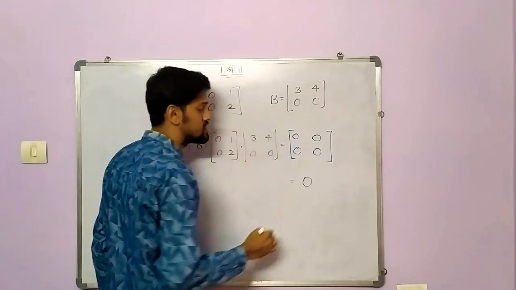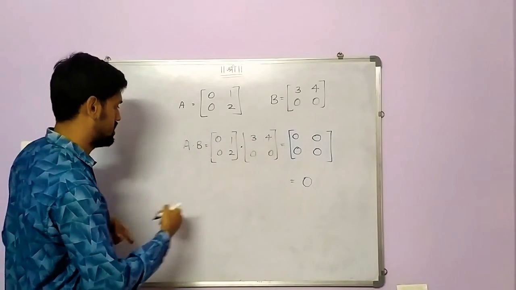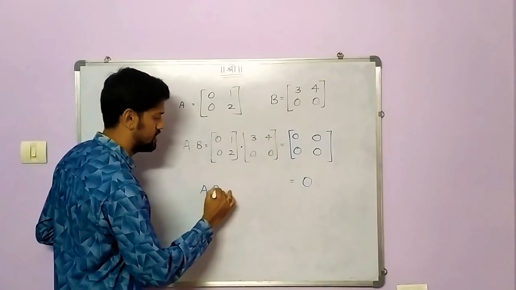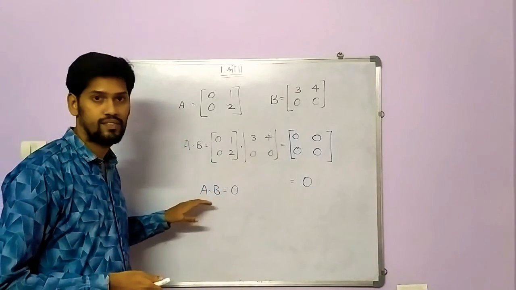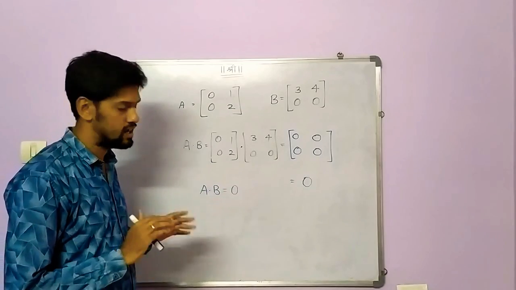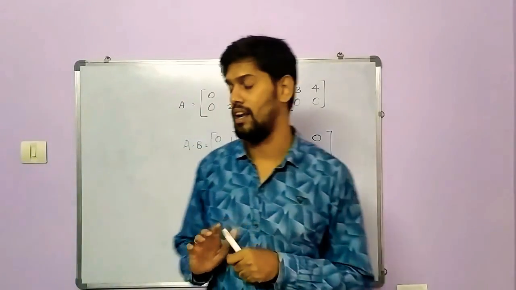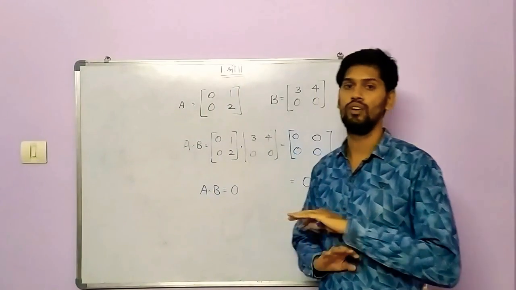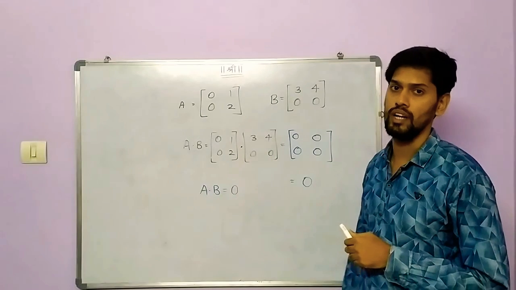This is a 0 matrix, a null matrix. Here A into B is equal to a 0 matrix, but none of them is a 0 matrix. Hence, if A into B is equal to 0, it does not guarantee that either A is 0 or B is 0. Cannot say so. It is evident from this particular example.